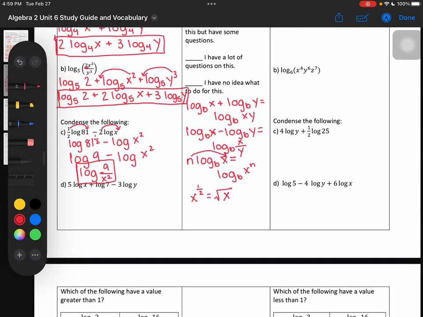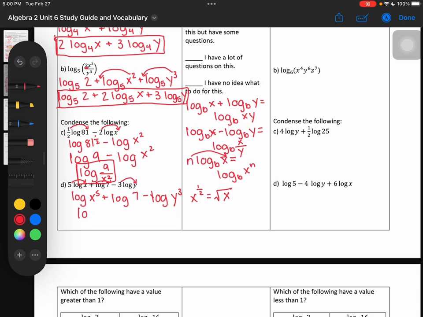Alrighty. So, part D, same thing. We are going to take the numbers in front and put them as an exponent of each variable or each term after the log. There isn't one, so I just have log 7 and then minus log y to the third. So there's a plus sign between the x to the 5 and the 7.